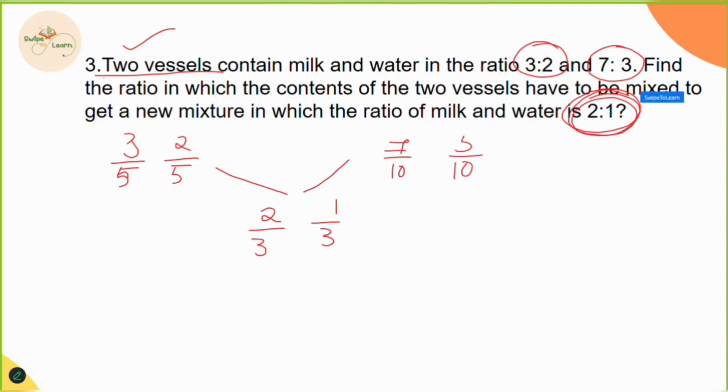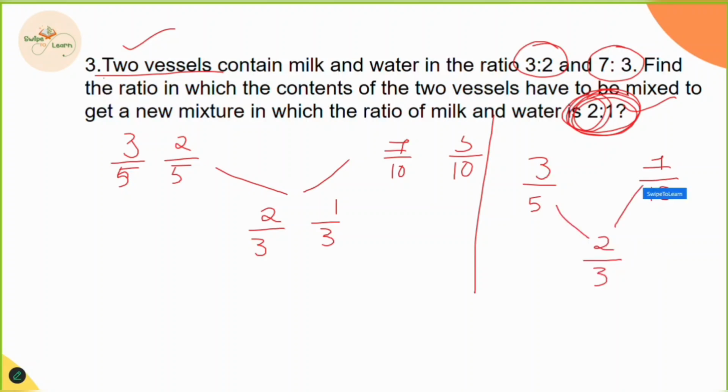As we see in the final ratio, water is constant and we just need to focus on the milk. So we only take the milk quantities 3 by 5 and 7 by 10, so as to make 2 by 3. We simply subtract: 7 by 10 minus 2 by 3 gives 1 by 30, and 3 by 5 minus 2 by 3 gives us 1 by 15.